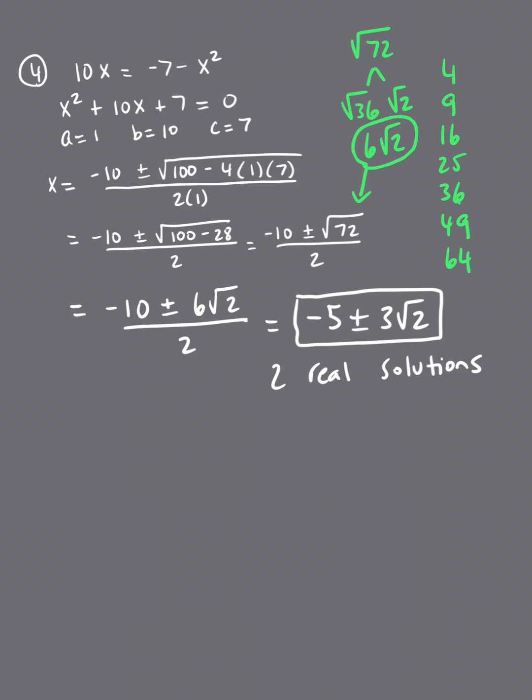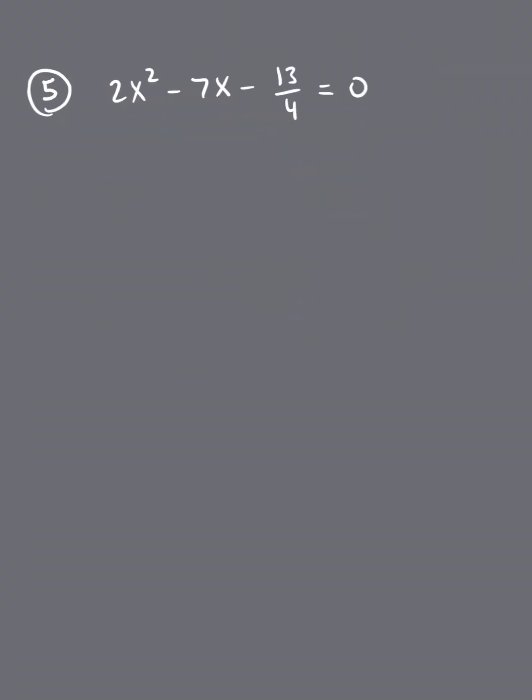Let's do another example. After this example, my next two examples will have imaginary solutions. So in this case, we have it in standard form, so we can see that a is 2, b is negative 7, and c is negative 13 over 4.